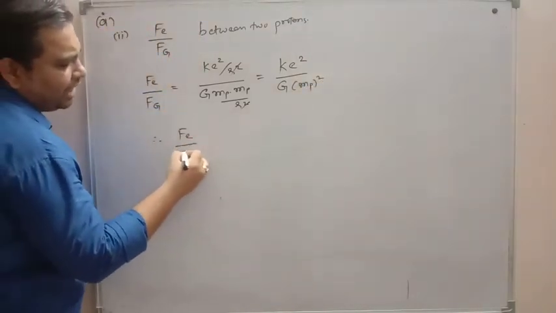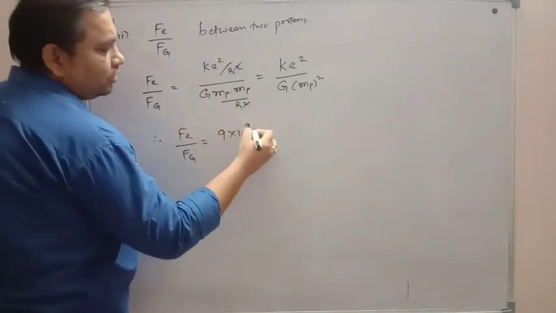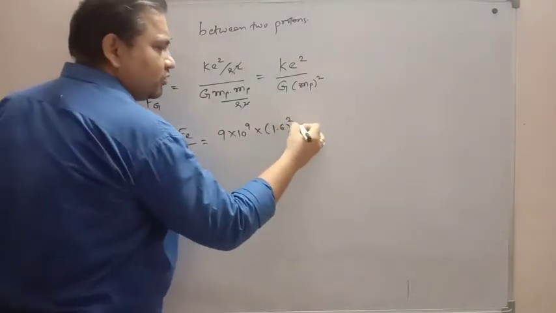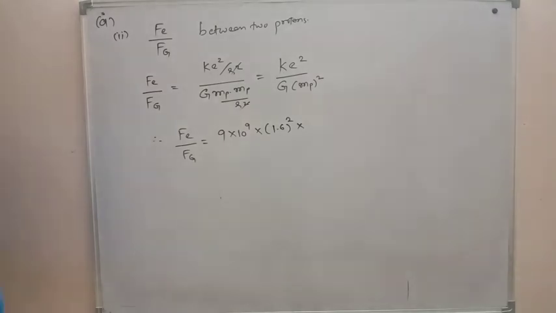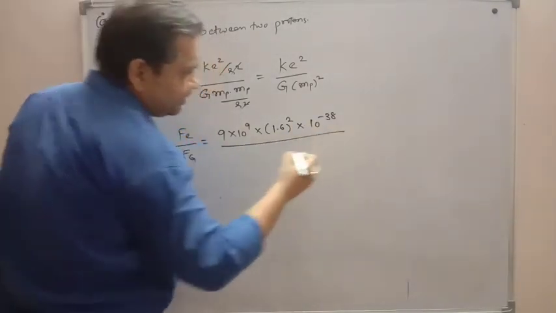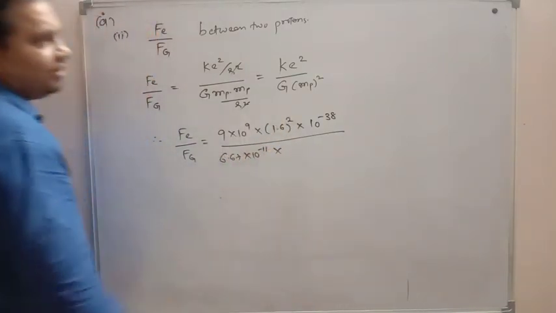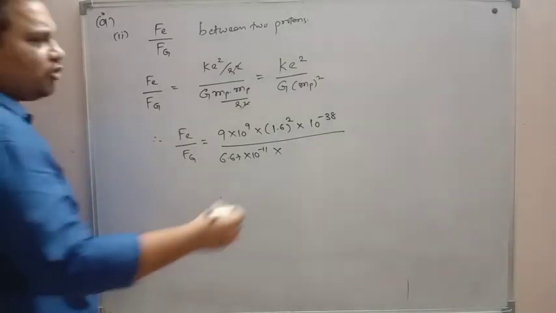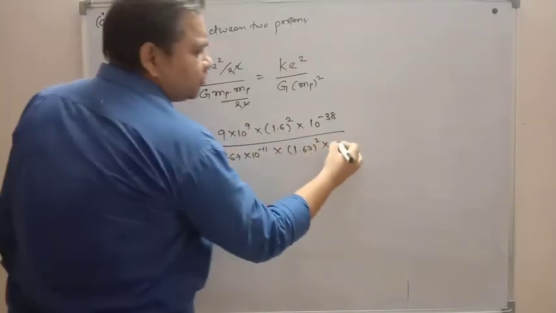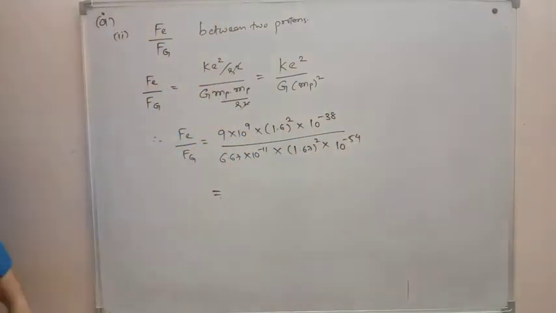So Fe by Fg, over here K, 9 into 10 power 9, charge on electron 1.6 square multiplied by 10 power 19 square is what? 10 power minus 38. G, 6.67 into 10 power minus 11. Mass of proton 1.67 square, 10 power minus 27 into 2, 10 power minus 54.